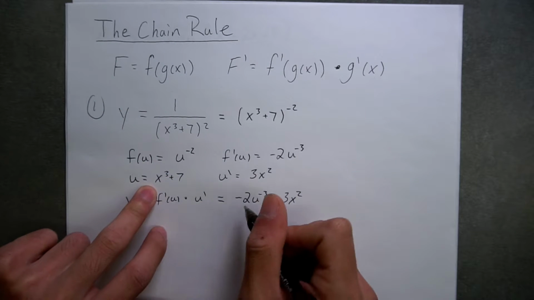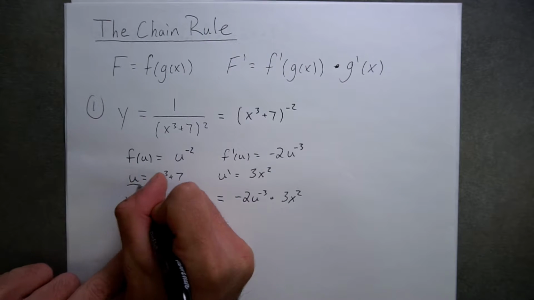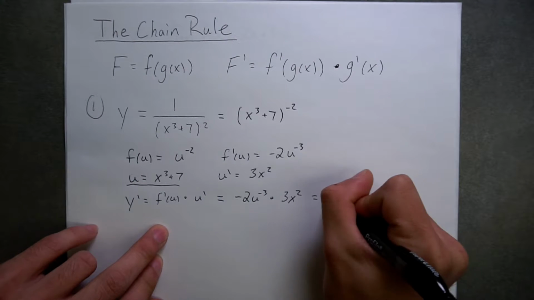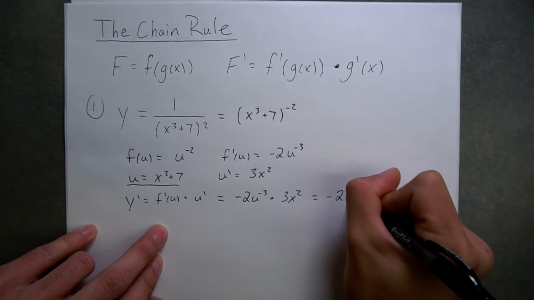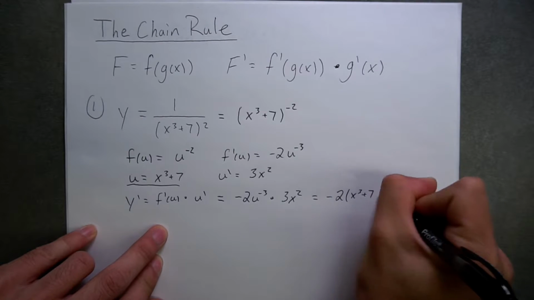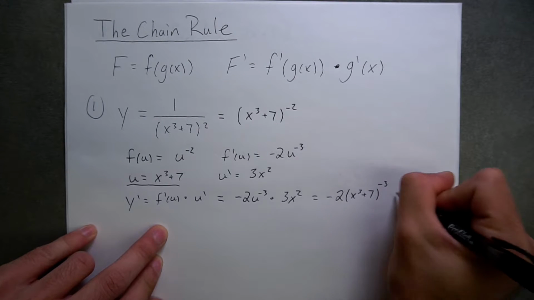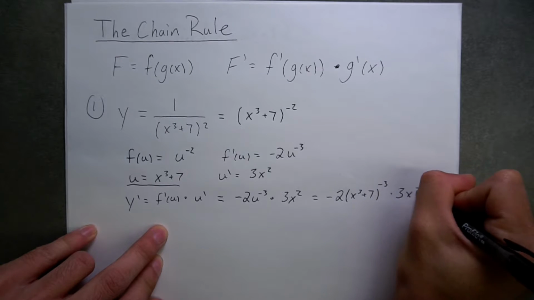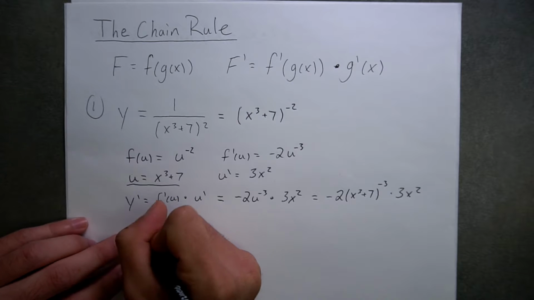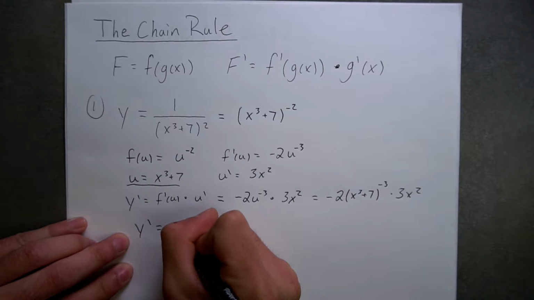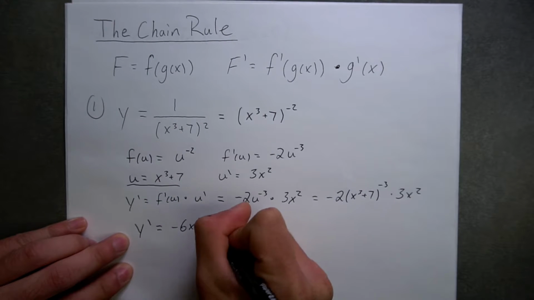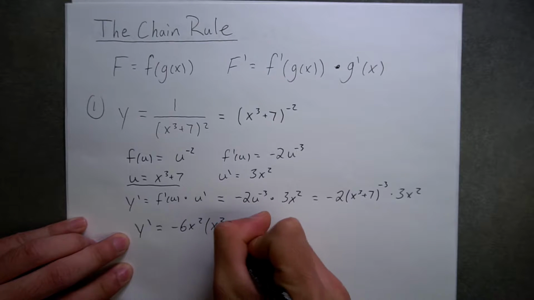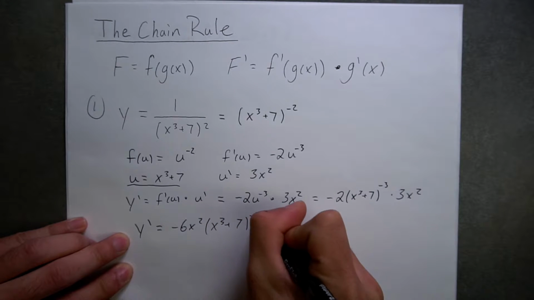So we have to substitute our u back in. So we have negative 2 times x cubed plus 7 to the negative power of 3, multiplied by 3x squared. So we can simplify this. Y prime is then negative 6x squared times x cubed plus 7 to the negative power of 3.